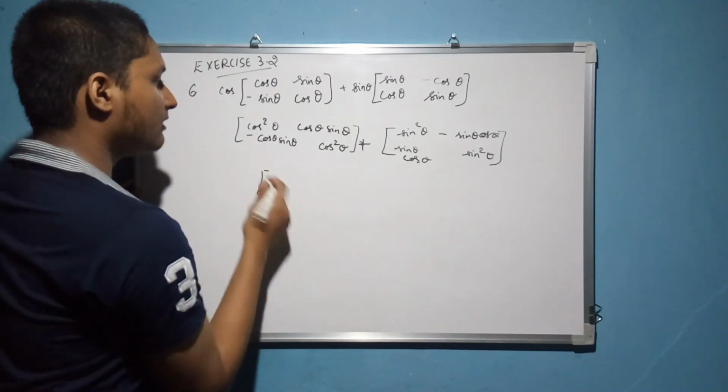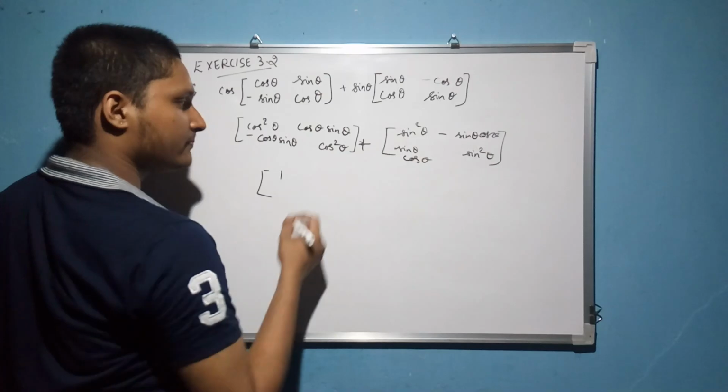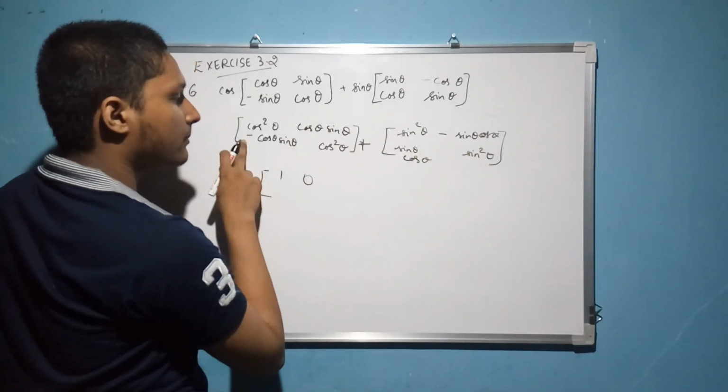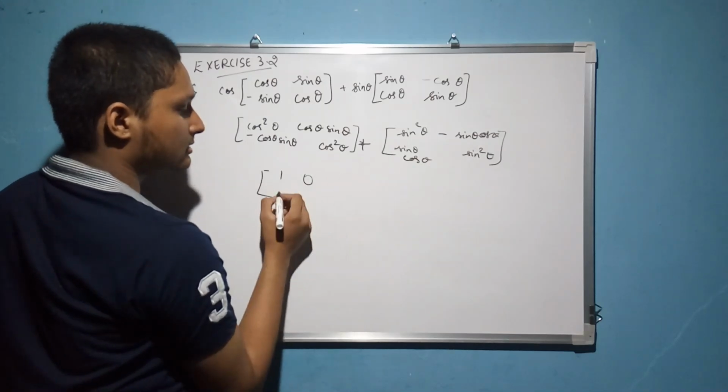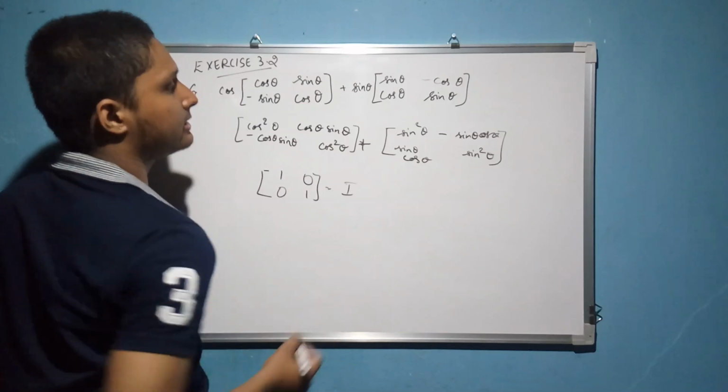So when you add cos square theta plus sine square theta, just by your identity it is going to be 1. So now we have cos theta sine theta minus cos theta sine theta, which is going to be 0, minus cos theta sine theta plus sine theta cos theta, 0, cos square theta plus sine square theta is 1. So you are going to get an identity matrix.